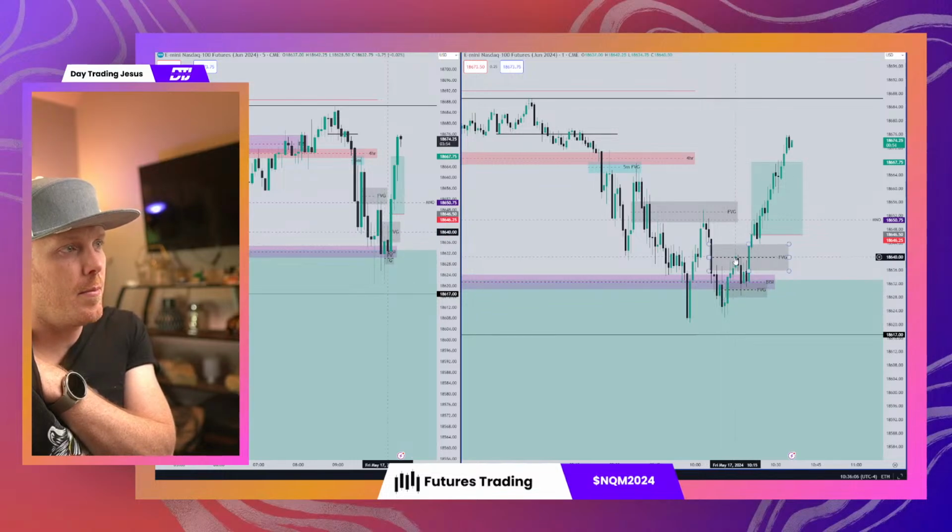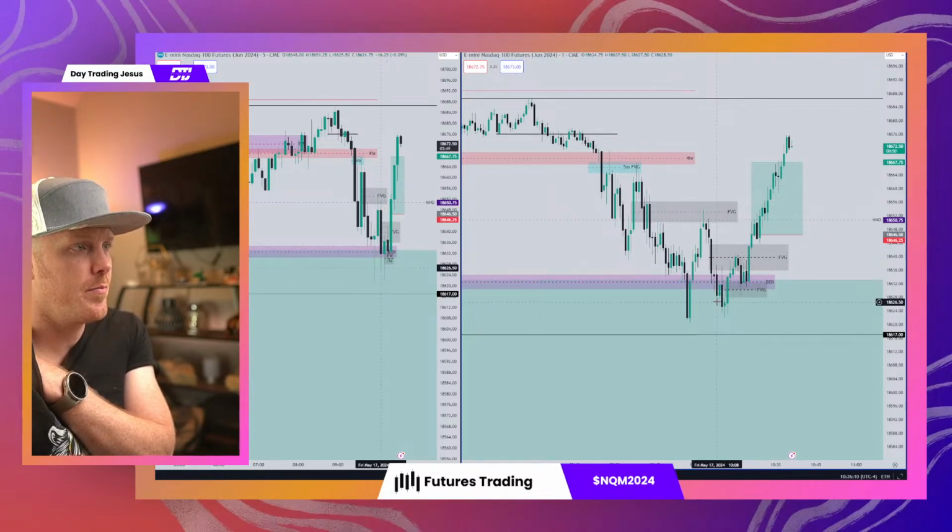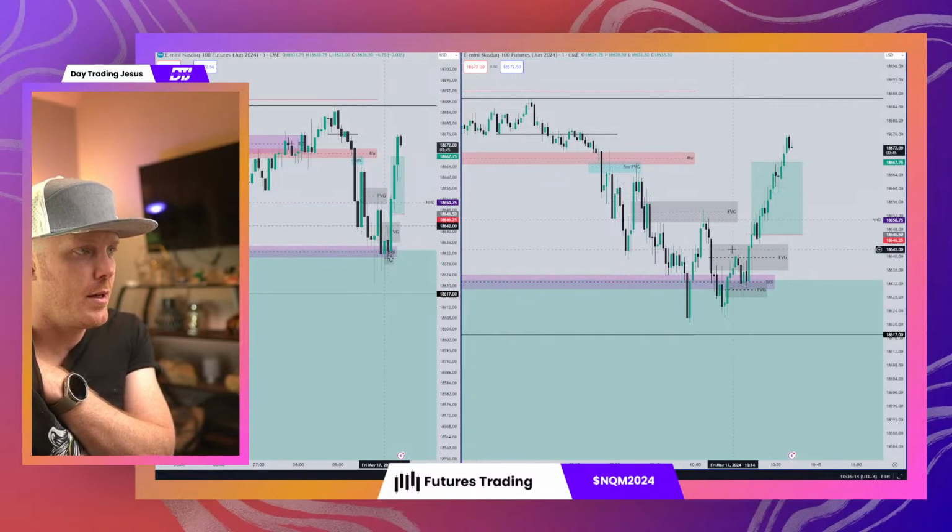We come back up, we come down. Remember I said we were bouncing between these? I wasn't looking for a trade. We bounce off this fair value gap, and then we were aggressive in this candle and the next one and close above it. That makes this more of an A plus setup, targeting this high or this high.